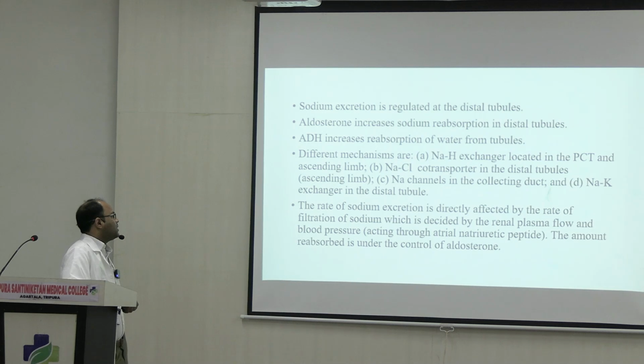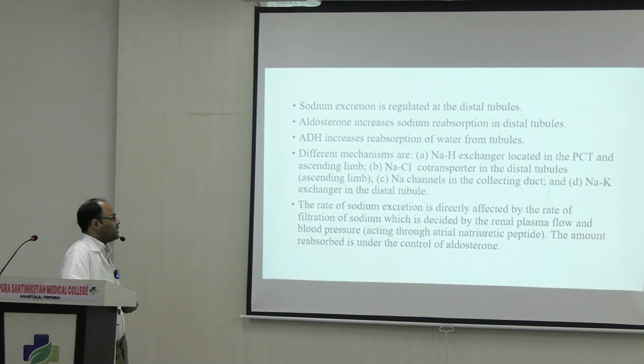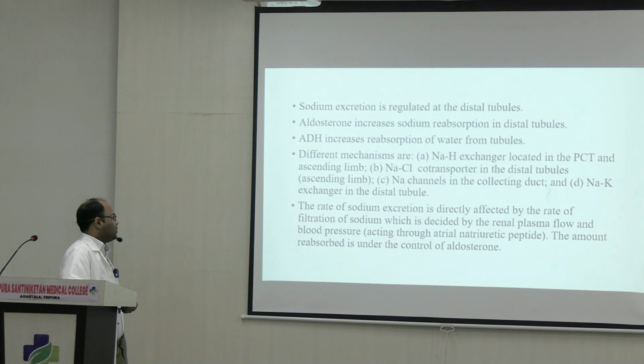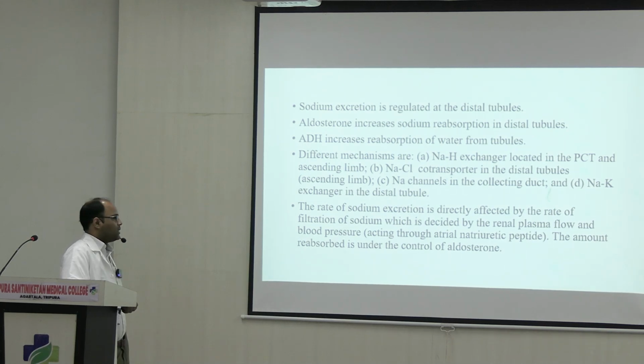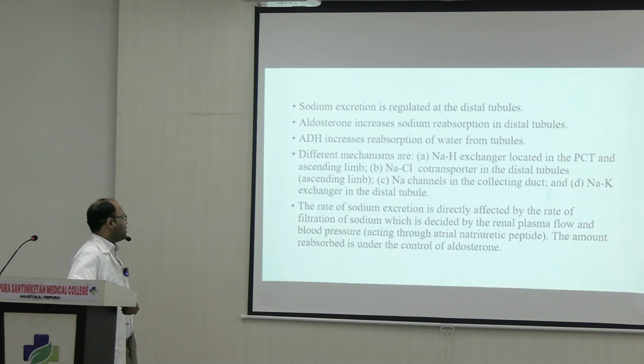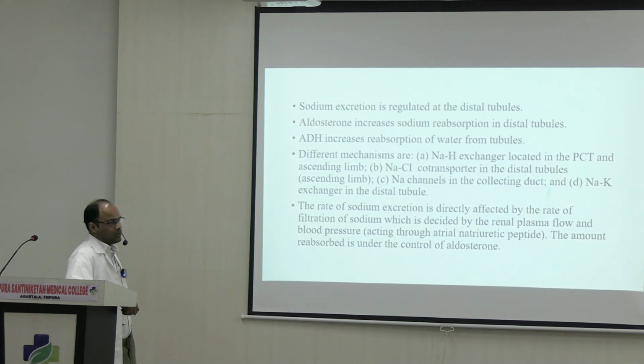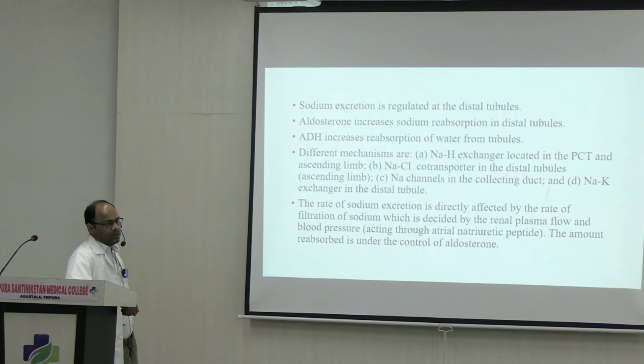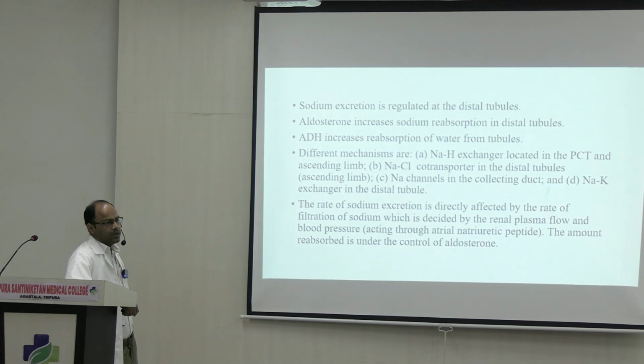Different mechanisms are the sodium hydrogen exchanger located in the PCT and ascending limb of Henle, the sodium chloride co-transporter in the distal tubules, the sodium channel in the collecting duct, and the sodium potassium exchanger in the distal tubules. The rate of sodium absorption depends on GFR.